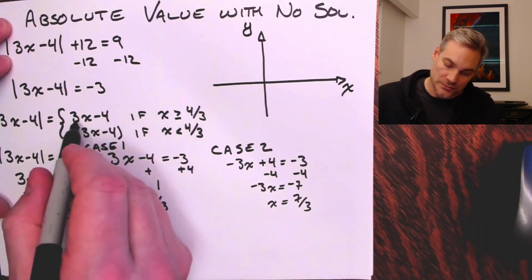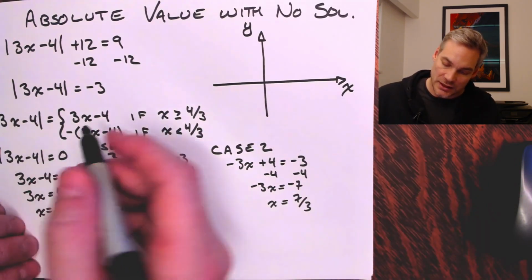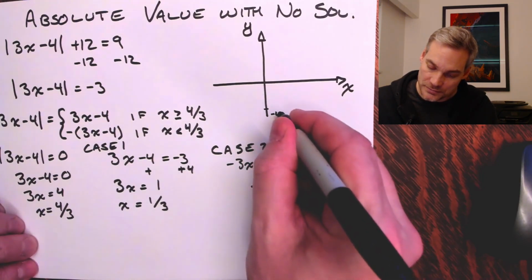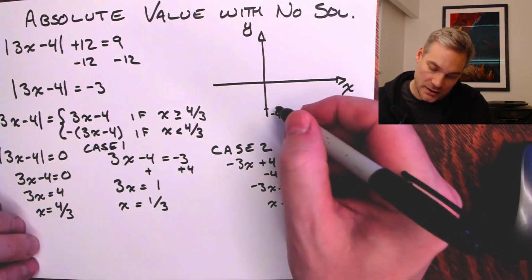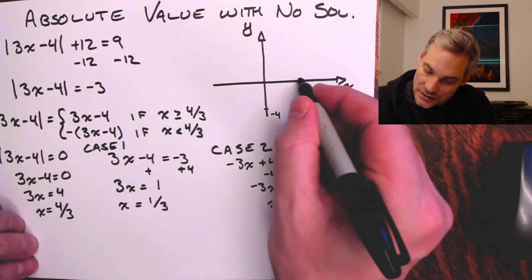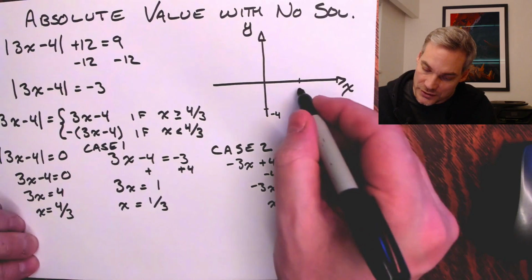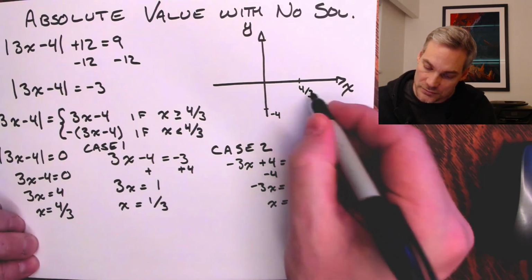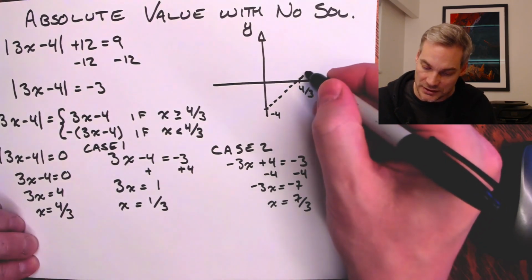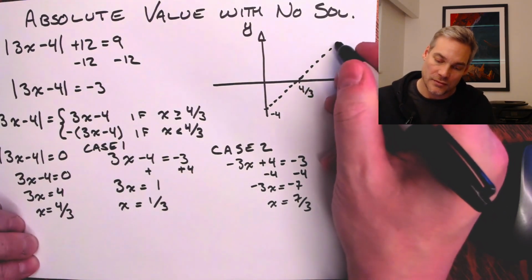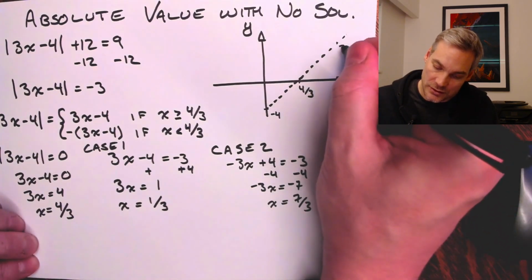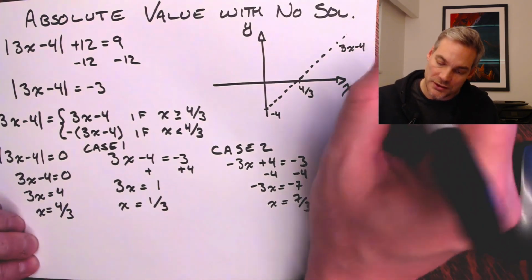okay, so I have here negative 4, and then at my point of reflection, that is 4/3 right here. This is the first line, 3x - 4.